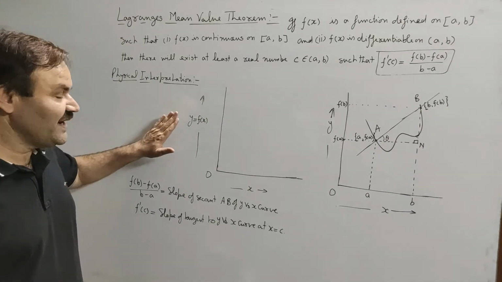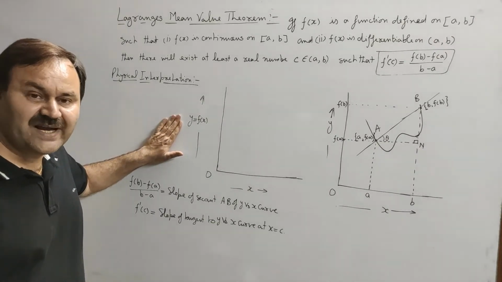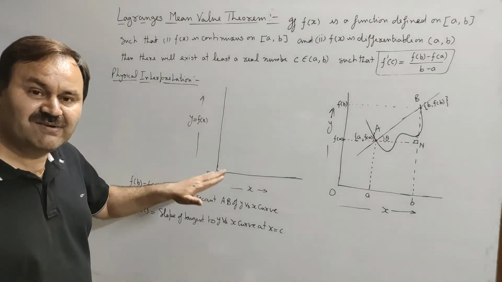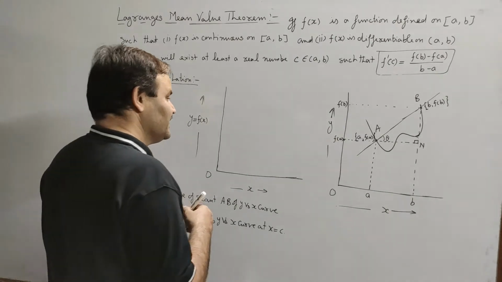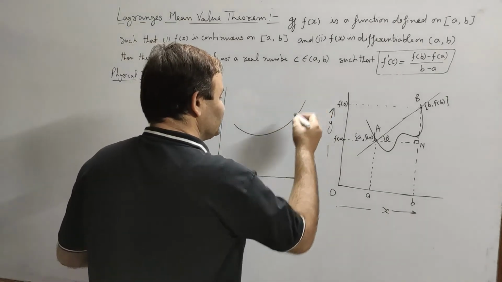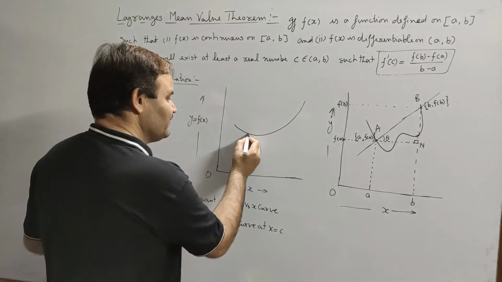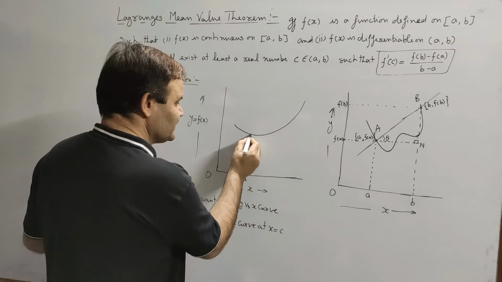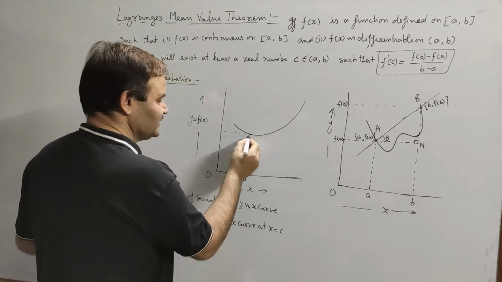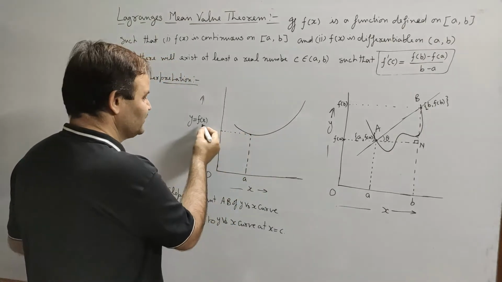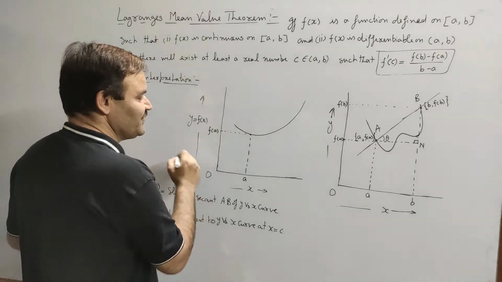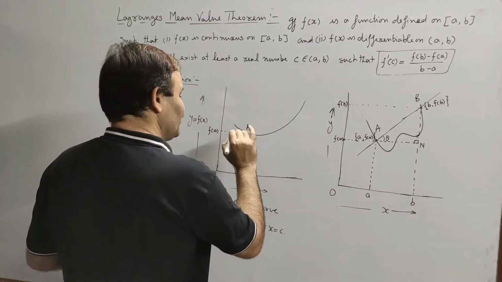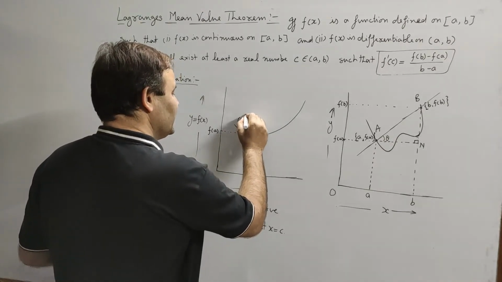Say y is a function of x and we want to plot a graph between y and x, and say the graph comes out to be of this shape. If this point is say a, such that for this point the value of f(x) is f(a), then if this point is marked with capital A, the coordinates of capital A will be (a, f(a)).